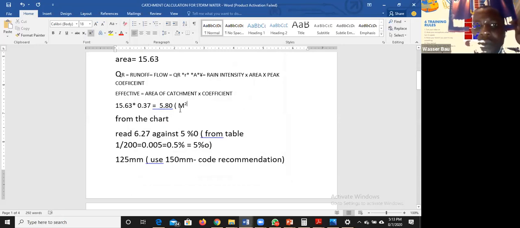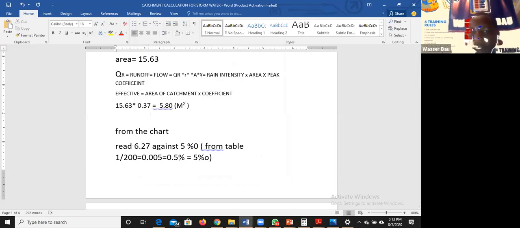So, okay, therefore flow or Q now becomes 5.80 multiplied by the intensity of rain.